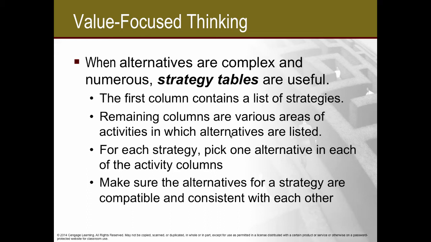So depending on what type of strategy we are talking about, we have the remaining activities. For each strategy, pick one alternative in each of the activity columns, right? For each strategy, we pick different alternatives and make sure that alternatives for a strategy are compatible and consistent with each other.